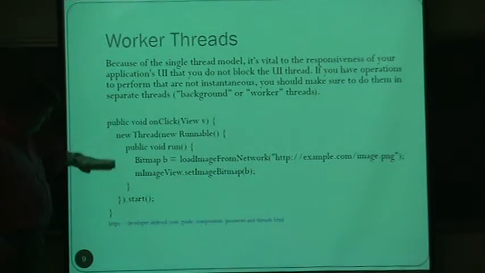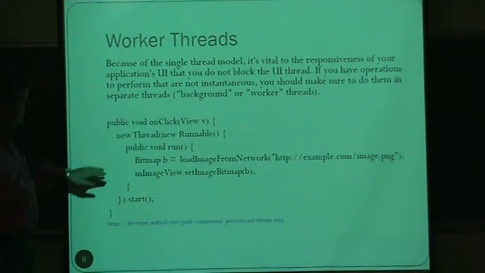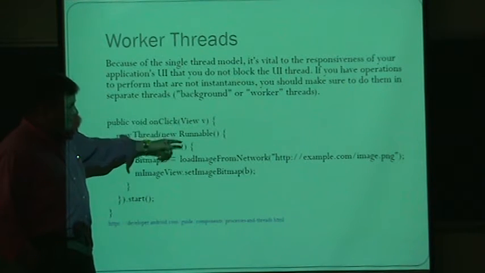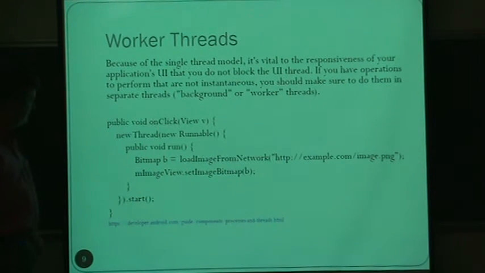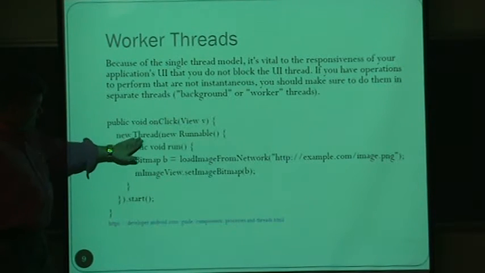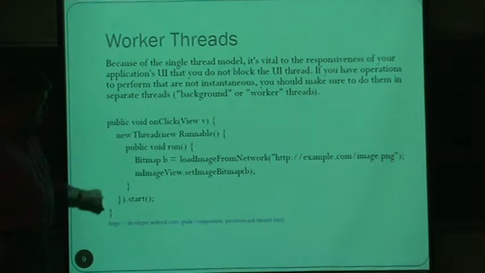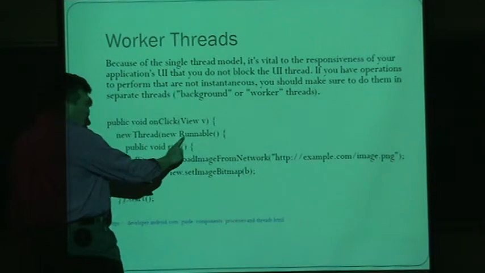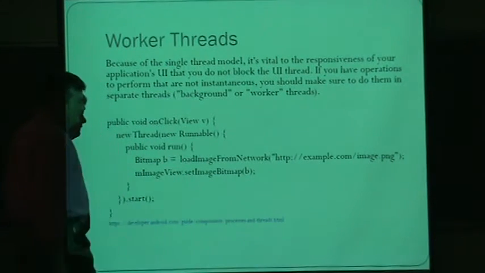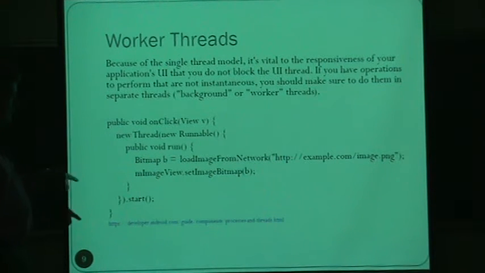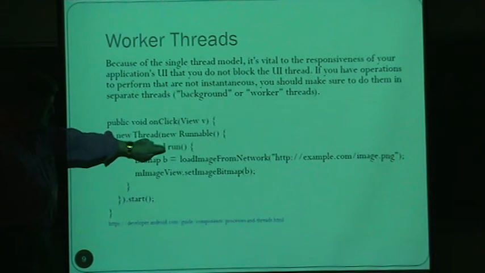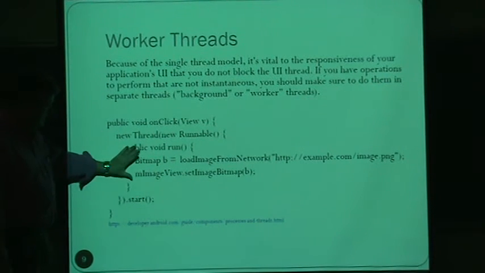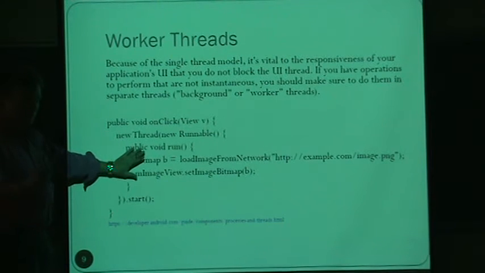So in Java, for example, the code for the on-click process, which is the one that would get your app to start running, we create a new thread, so this is just referring to writing threading code in Java. We create a new thread, which is a runnable. Remember, we can inherit from thread, or we can implement the runnable interface to create a thread. We have a public void method called run, and in it is where we run our code.